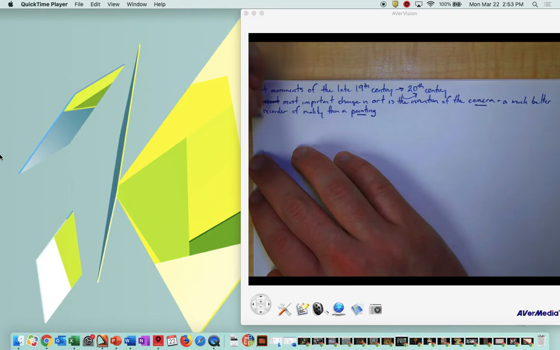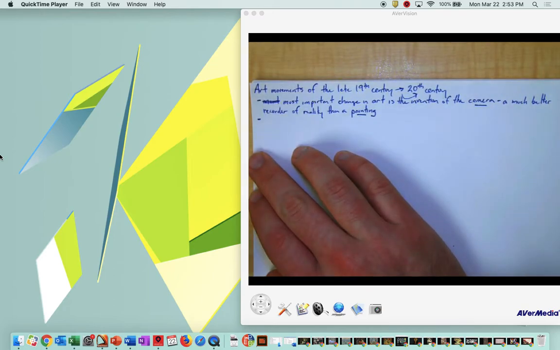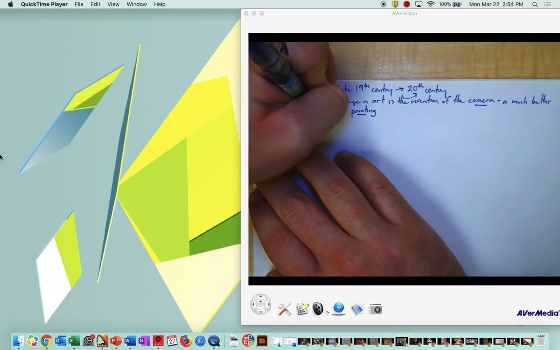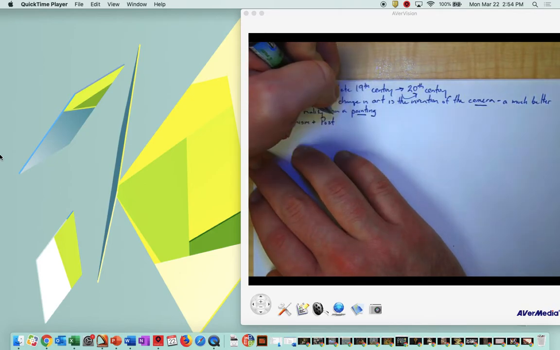Starting around the late 1800s, like the 1870s and 1880s, when the camera is becoming a more prevalent instrument, we start to see some of the first new expressive painting movements. And so we're going to look first at Impressionism and Post-Impressionism.